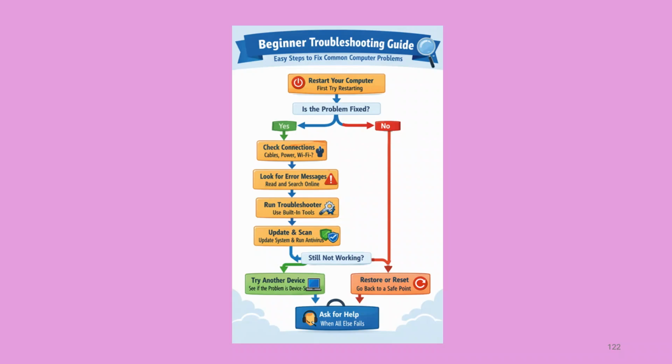If it still isn't working after you've restarted, then you have to check your connections, composed of cables, power, and Wi-Fi. You have to look for error messages and search the error messages online. You have to run Troubleshooter, which is in the systems application of the computer, to use built-in tools to troubleshoot your computer. And then you have to update your system and run an antivirus.